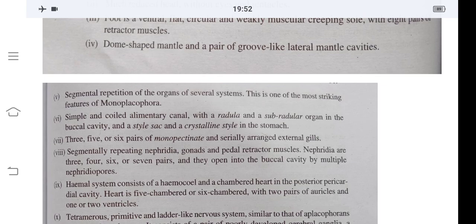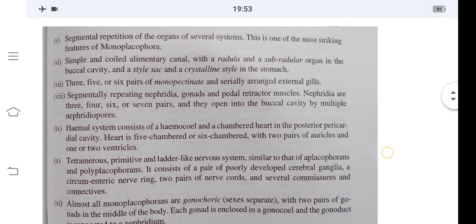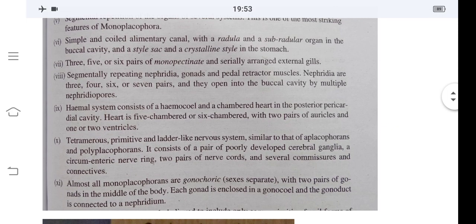Next, hemal system or blood vascular system consists of a hemocoel and a chambered heart in the posterior pericardial cavity. Heart is 5-chambered or 6-chambered with 2 pairs of auricles and 1 or 2 ventricles. Nervous system is tetraneurous and primitive, similar to that of Aplacophorans and Polyplacophorans.